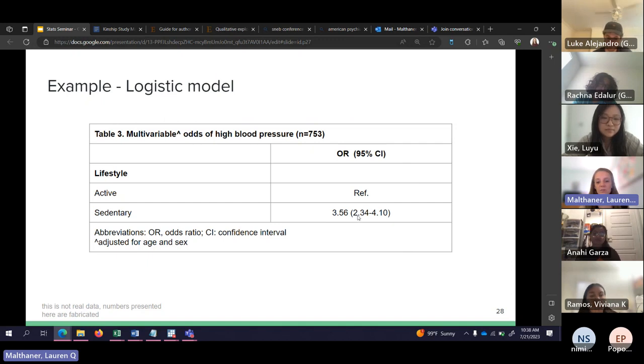Here the magnitude is 3.56, and the lower end of the confidence interval starts at 2.34. It would still technically be significant if the confidence interval started at 1.01, but this is pretty far away from 1. So that's something that you want to keep in mind too.